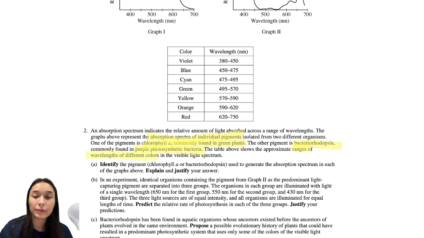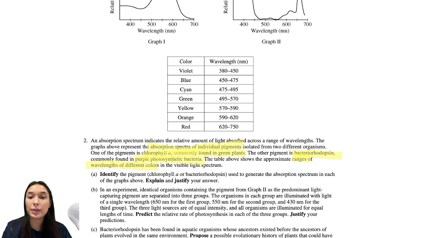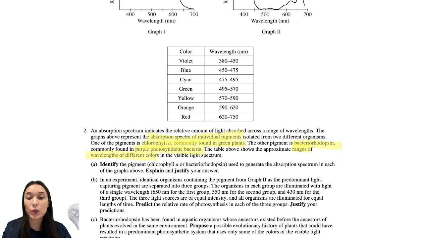Okay, so this is one of those tricky ones that students might get a little bit overwhelmed with, especially because in terms of talking about pigments, we only really talk about chlorophyll A, like what I talked about in the past slides, or everything you need to know for action and absorption spectrum. However, you can see here that the AP exam is asking you something about Bacteriorhodopsin, which is another type of pigment that we haven't covered.